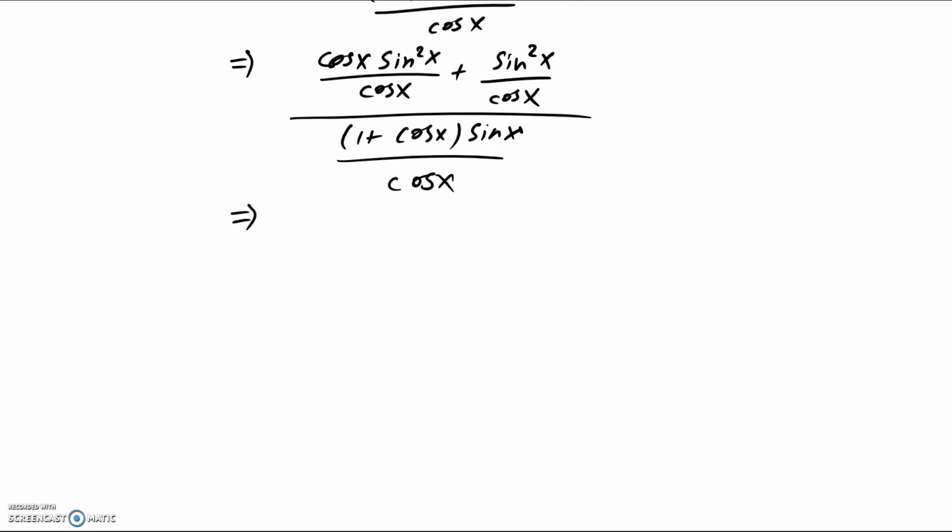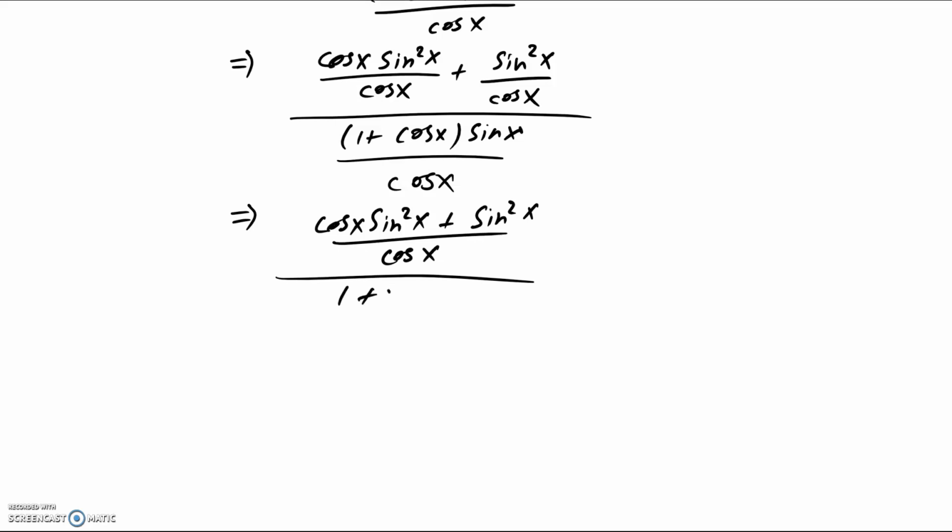Next, what are we going to do? We are going to combine the terms in the numerator: cos x sine squared x plus sine squared x over cos x, over 1 plus cos x times sin x over cos x.